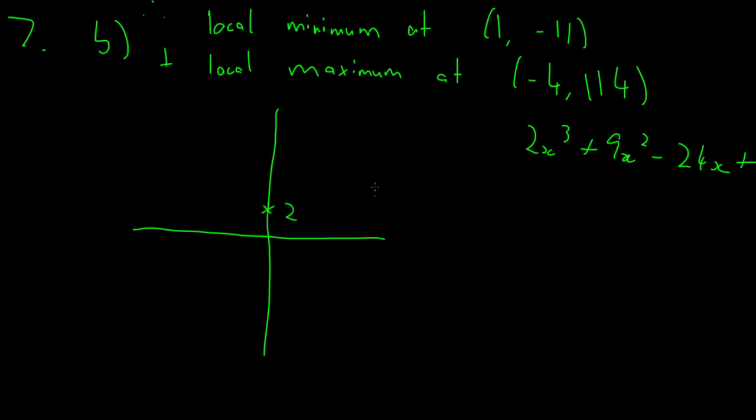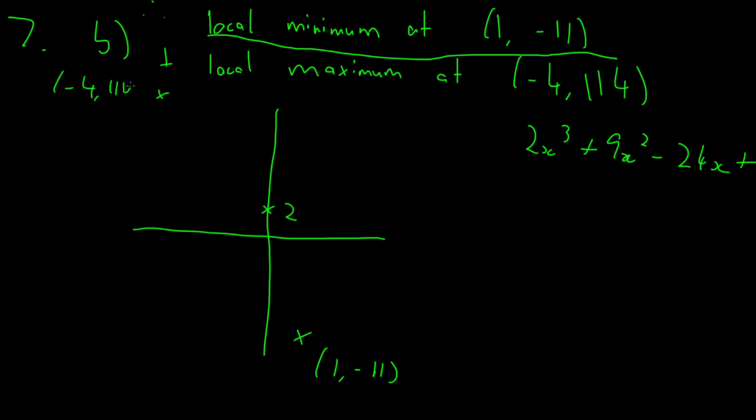We've got our local minimum at 1, so 1 across and minus 11 down. And we've got the local maximum at minus 4 across and up 114. And this is not to scale in any way. Pretty much we can draw this. I'll just extend that a bit.